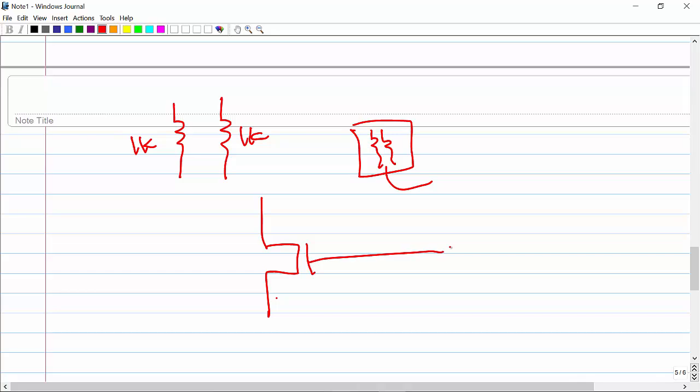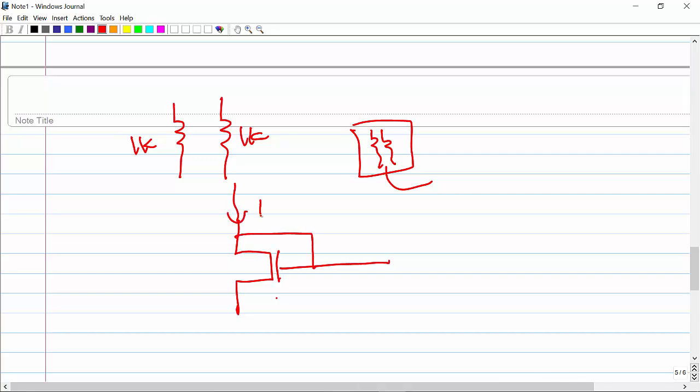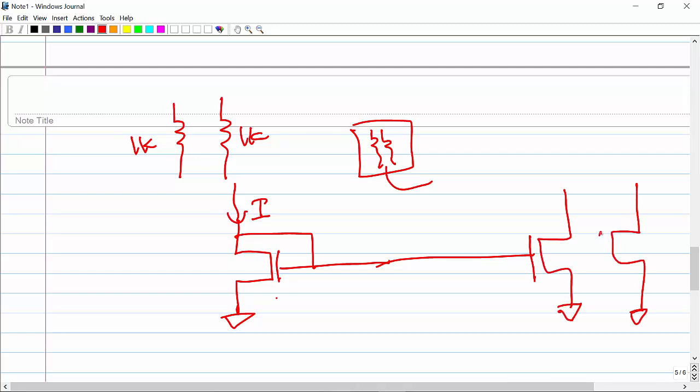So in the current mirror, you supply a current I, and you are replicating the current in the two branches.